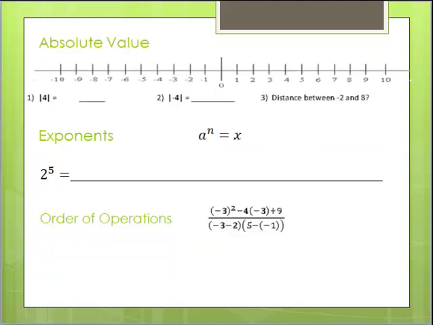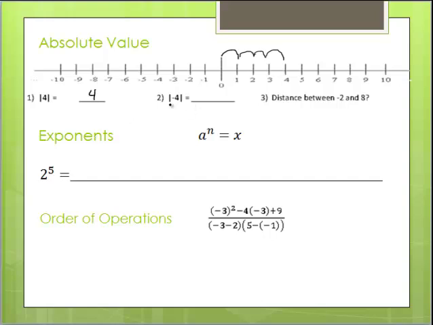How about absolute value? The real definition of absolute value is the distance of a number from 0. So if I said, what is the absolute value, that's what these little bars mean, what is the absolute value of 4, that just means how far is 4 from 0? Well, it is 4 units from 0.